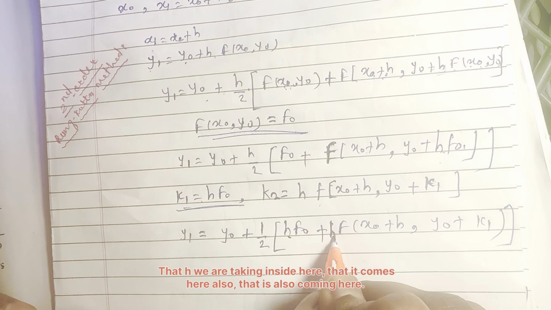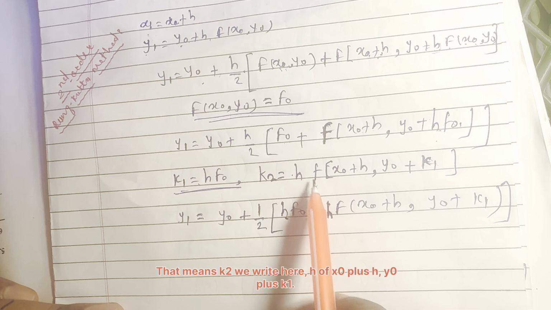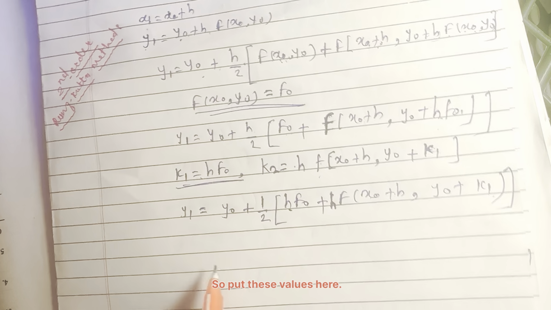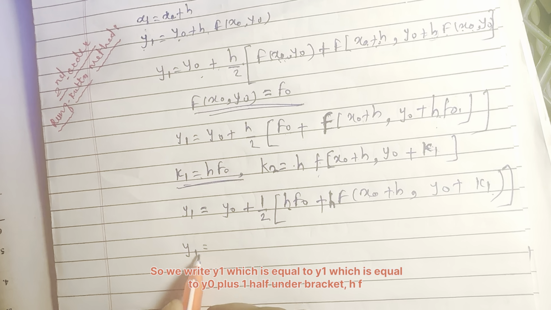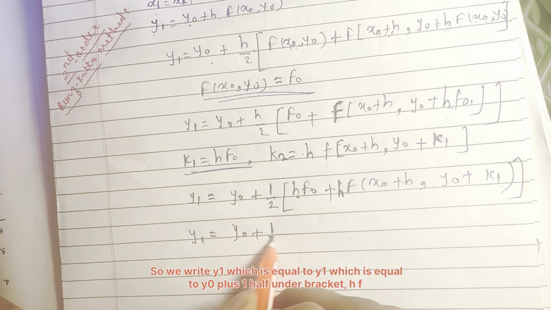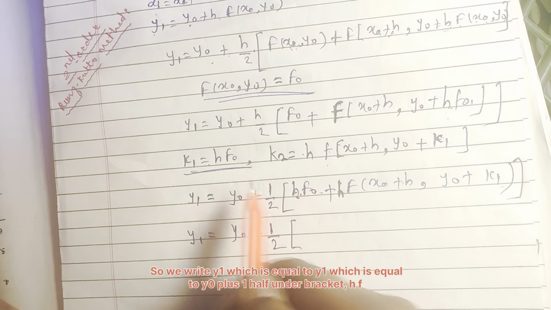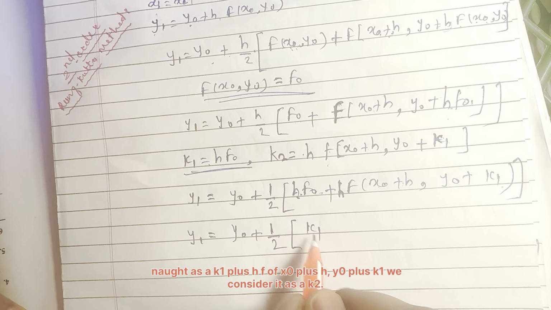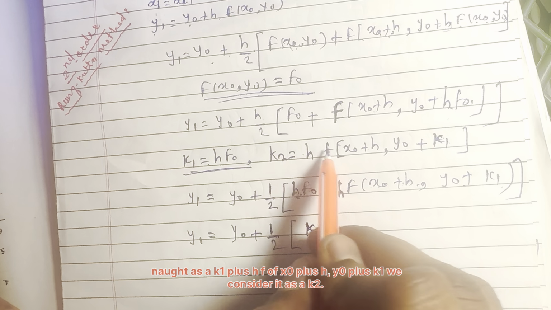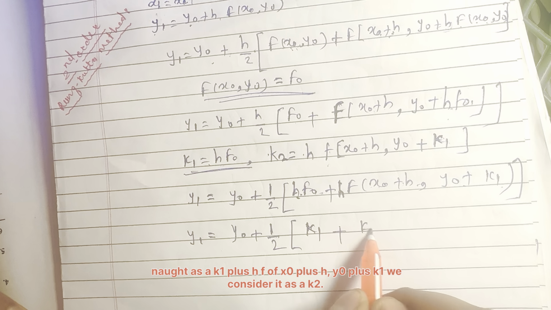That means k2 we write as h f of x0 plus h, y0 plus k1. So put these values here. We write y1 is equal to y0 plus 1/2 under bracket h f0 as k1, plus h f of x0 plus h, y0 plus k1, which we consider as k2, okay.